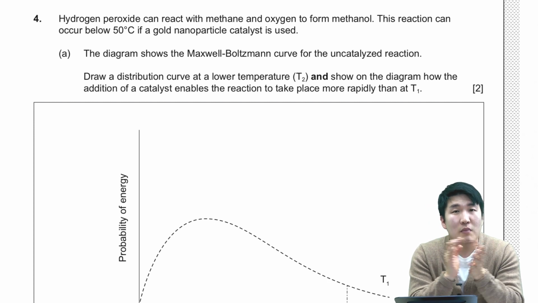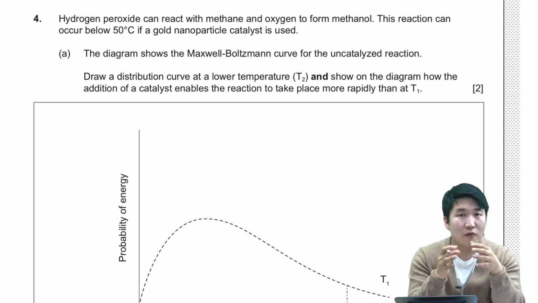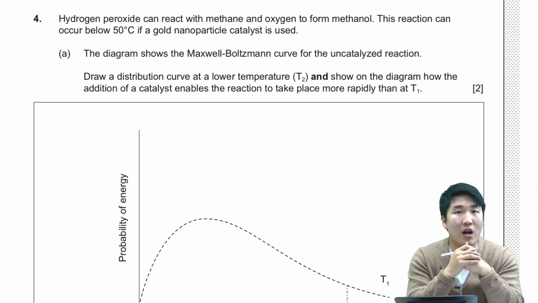Well, this question is about Maxwell-Boltzmann kinetics. Firstly, we will look at the uncatalyzed reaction, which means we will look at the effect of increased or decreased temperature. We're given the task to draw another distribution curve to what is already on the graph at a lower temperature.